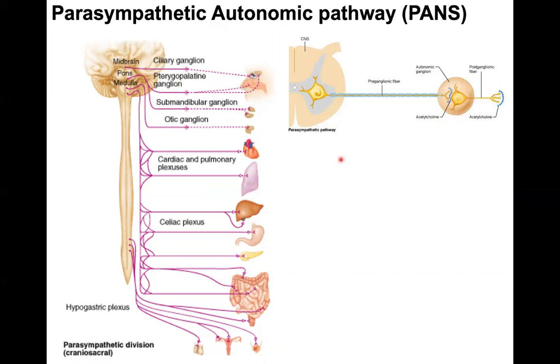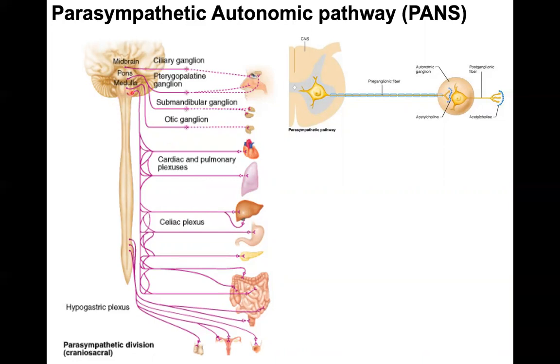The organs that they control will be things like the eyes and the face, the endocrine glands, the heart, the lungs, the digestive system. And this is called the craniosacral division because the points of origin for these nerves are the brainstem or the sacral spinal cord, so just up at the cranial division or down at the sacral division.